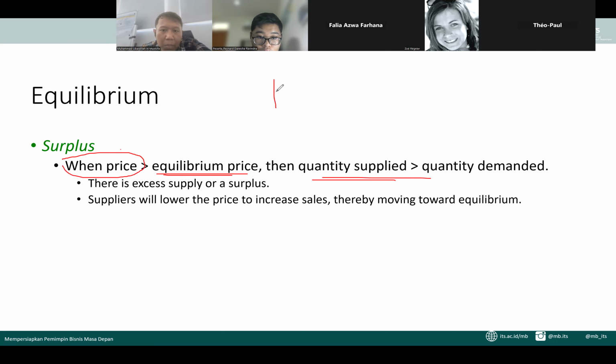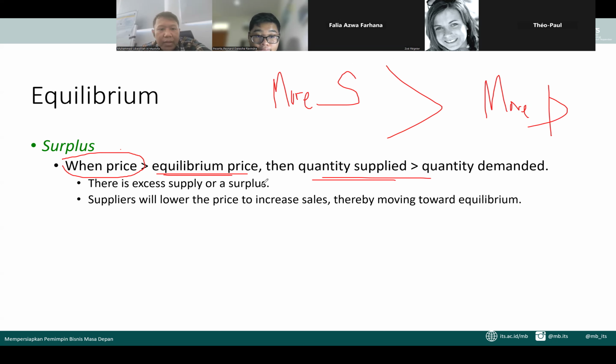So we have more product supplied than demanded, an excess of supply, or a surplus. In a surplus, the supplier will lower the price to increase sales, thereby moving toward equilibrium. Usually a surplus happens when we have more supply than demand.